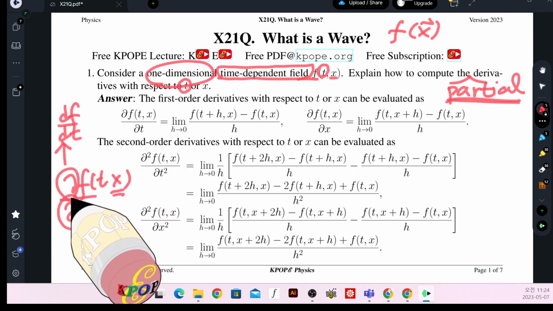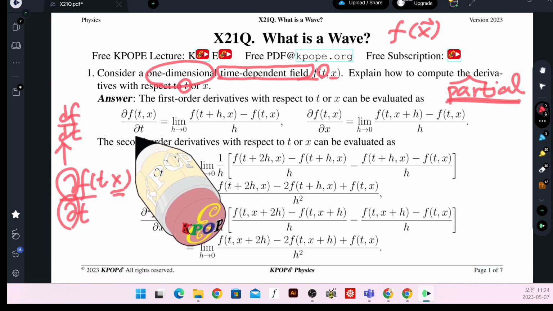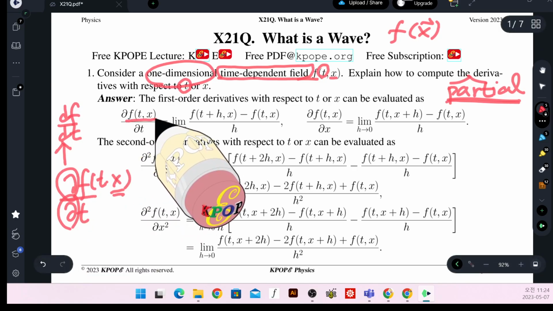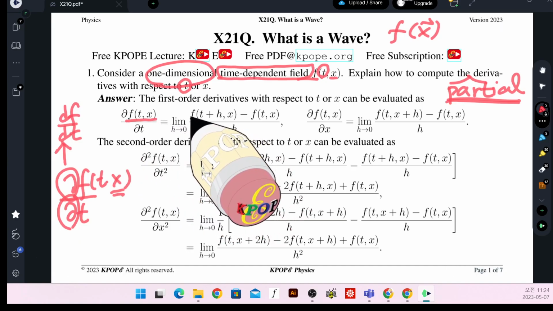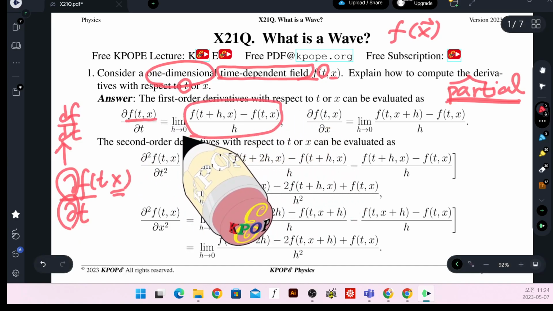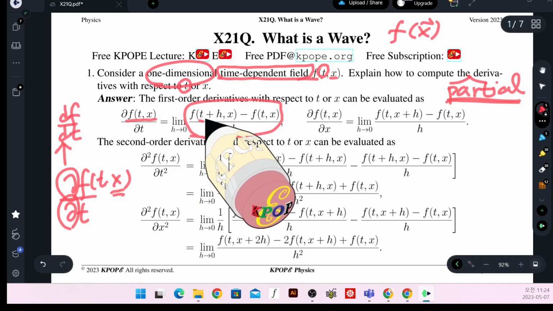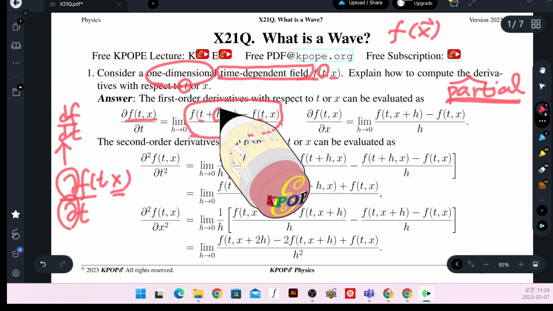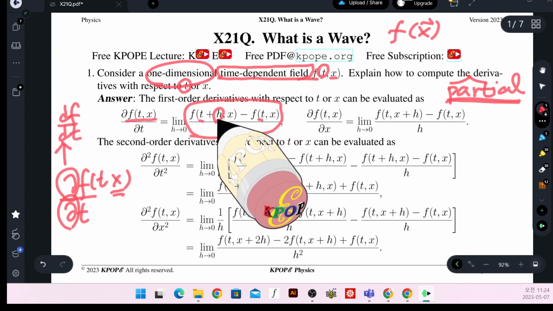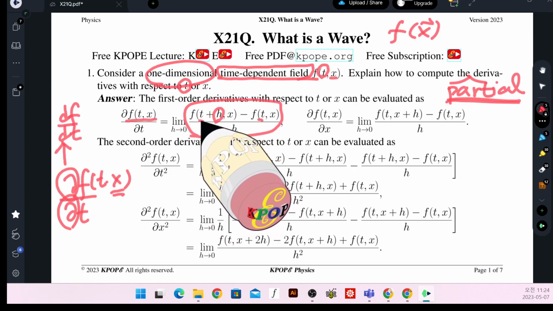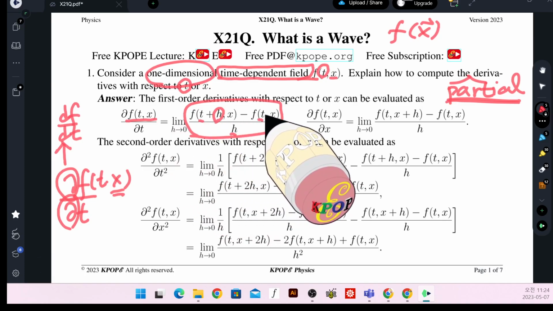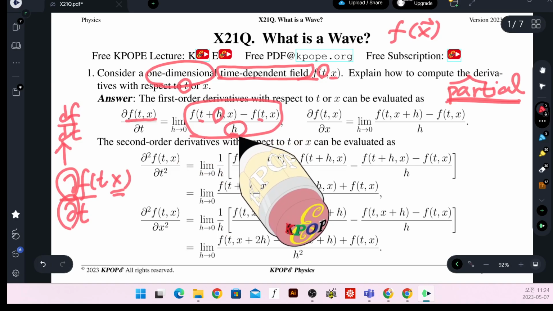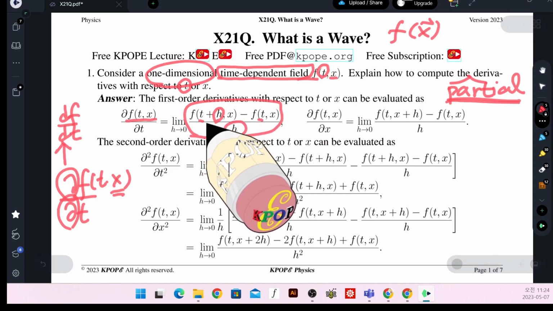So, for example, the partial time derivative of f of t and x is the usual derivative with respect to time. We shift time by h, find the difference of the function, and divide it by the difference of the argument.